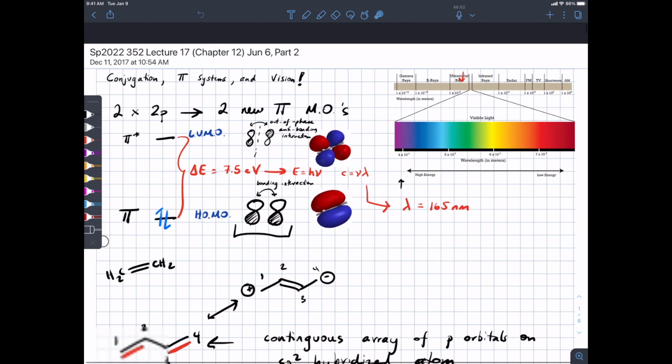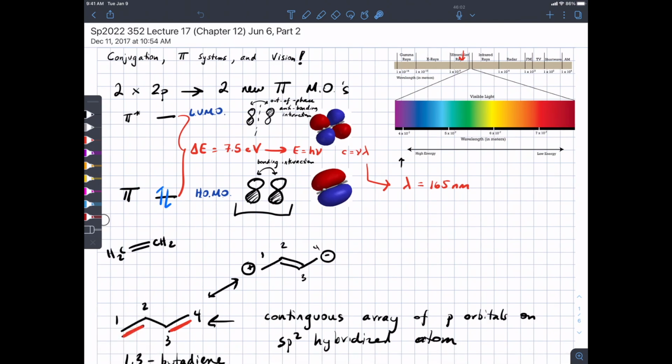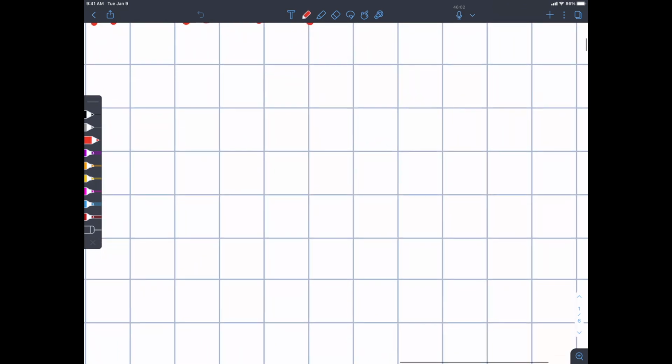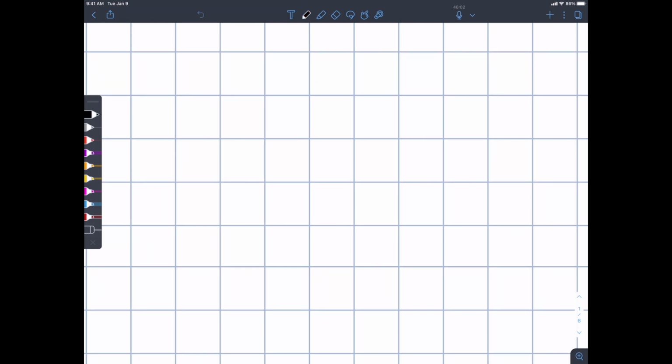Now, we should talk about what happens when you start to line up more than just two p orbitals side by side. And I think we talked briefly early on in the class about the allyl anion.